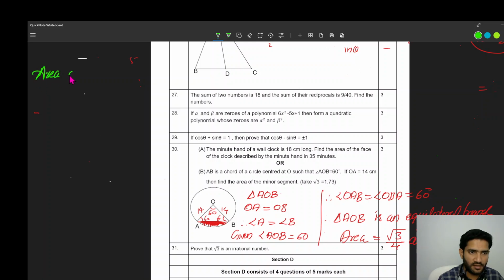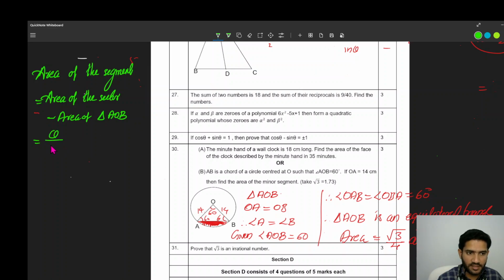So area of the segment is equal to area of the sector minus area of the triangle. Area of the sector is theta by 360 pi r square, minus area of the triangle, which is root 3 by 4 a square.